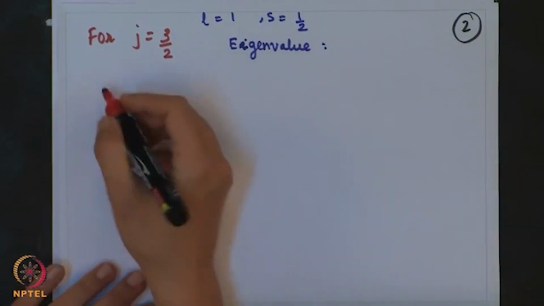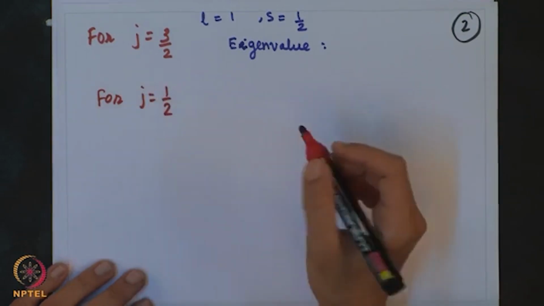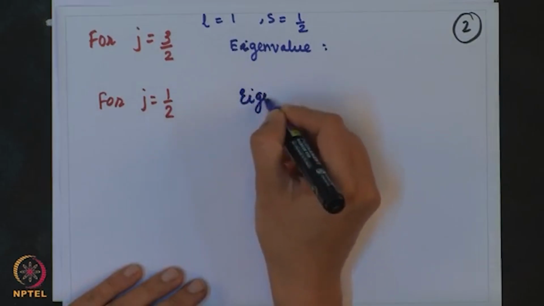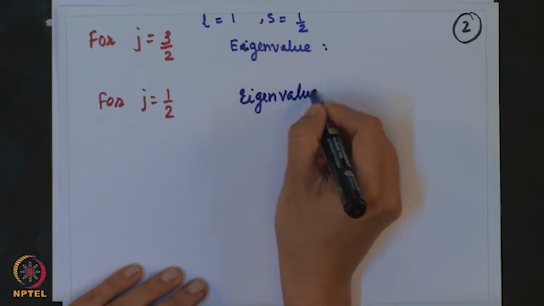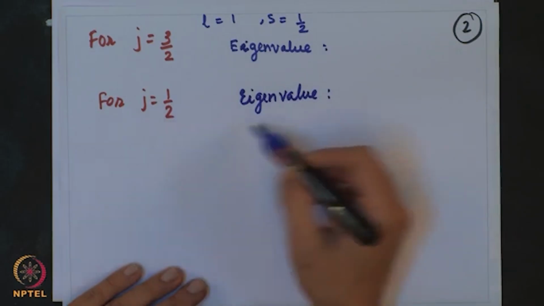And as I told you before the tutorial, I will not be giving the results, I will be giving a roadmap on how to go about and solve the problems. So, you can calculate the eigenvalue for j is equal to half.